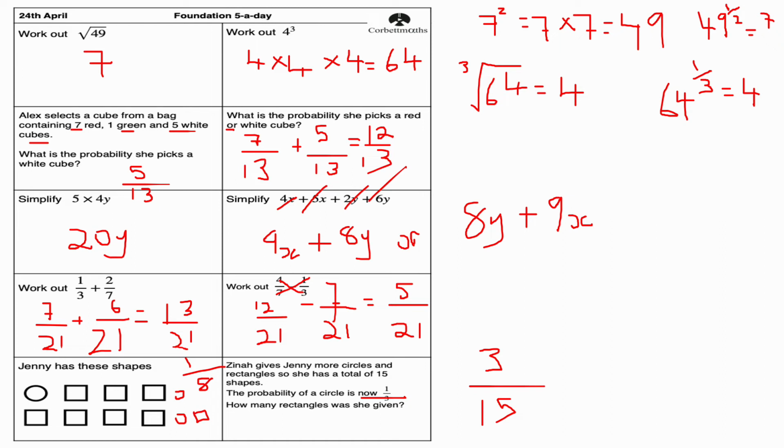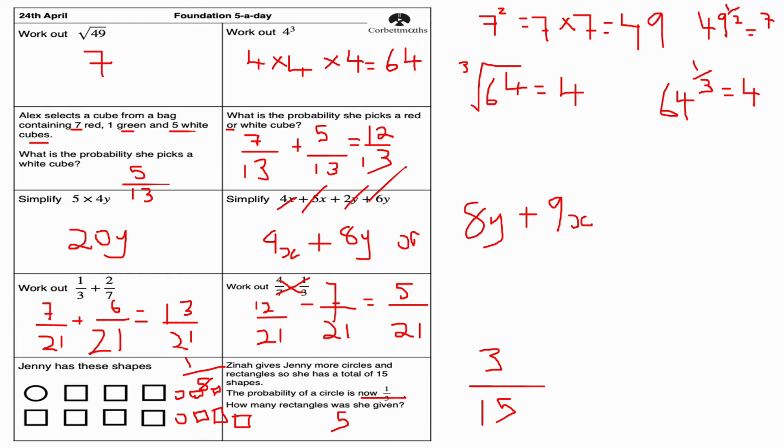Then I'm going to add 1, 2, 3, 4, 5. So 5 rectangles were given.